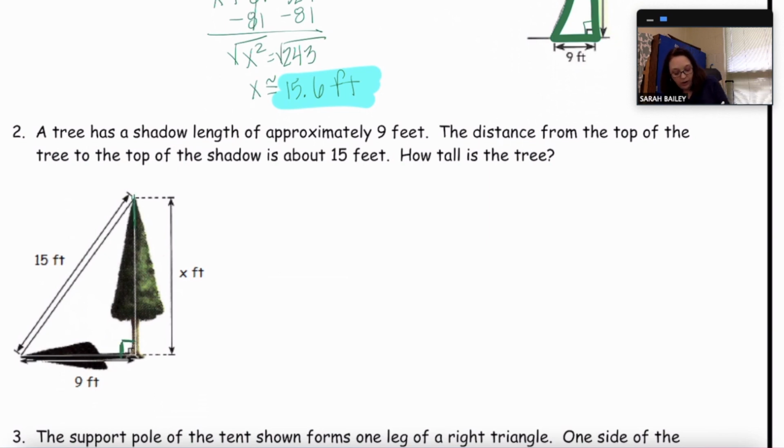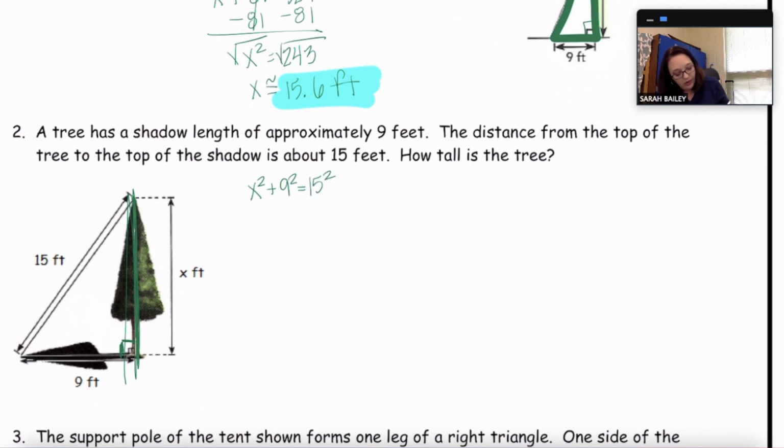And so they put x right there, but that's this whole height. So when you look at this now, you can see a right triangle where you're, again, missing a leg. The hypotenuse is 15. The shadow, which is another leg, is 9 feet. So I'm going to say x squared plus 9 squared equals 15 squared.